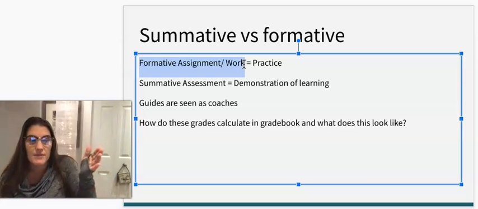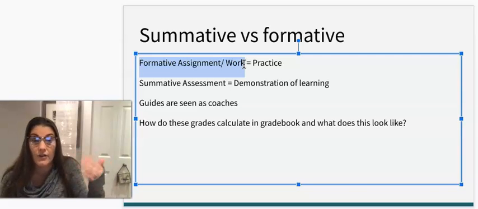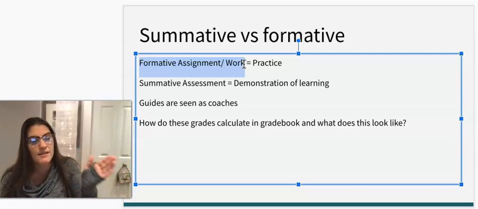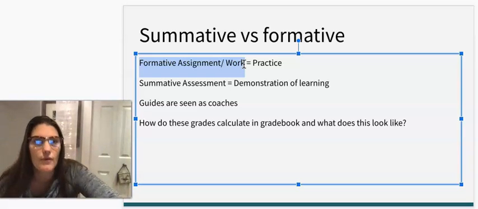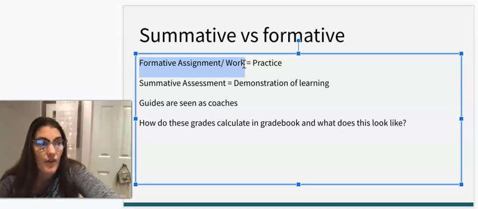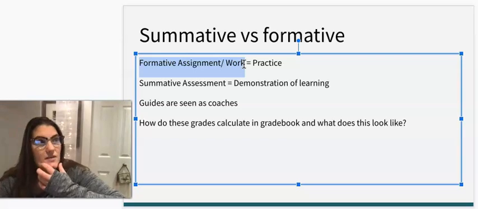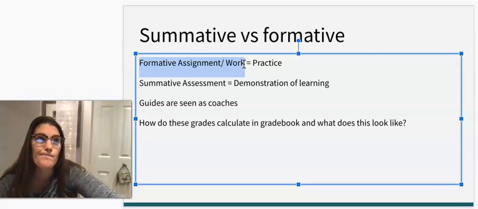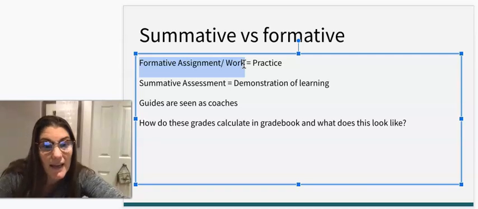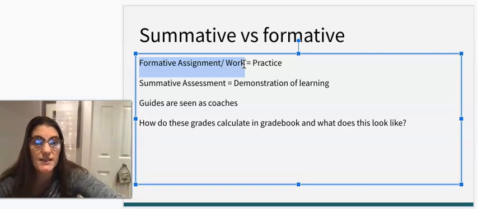If a student is learning and has a nice progression from 1s and 2s and 3s and 4s up to 4s and 5s and maybe 6s and 7s, that's what we want to see. The 6s, the 5s, the 4s on the summatives is great. That's right where we want to be. That practice is akin to working on your soccer drills or at the bar in ballet. You're working on those skills to gain competency with them.